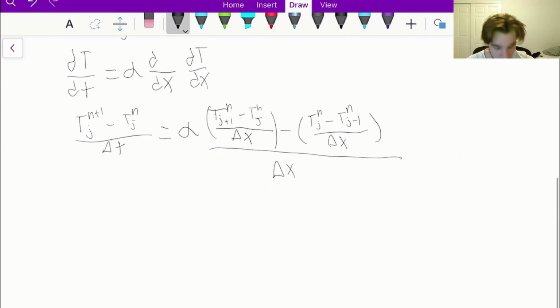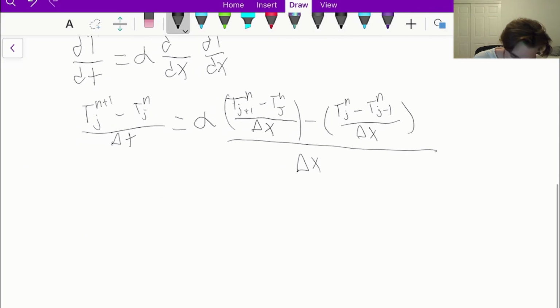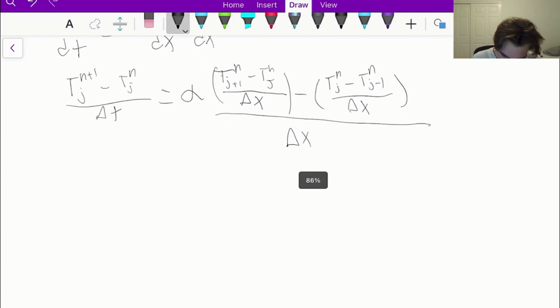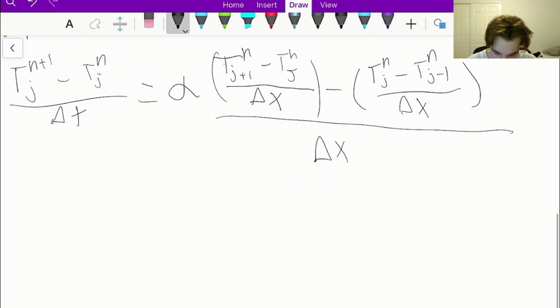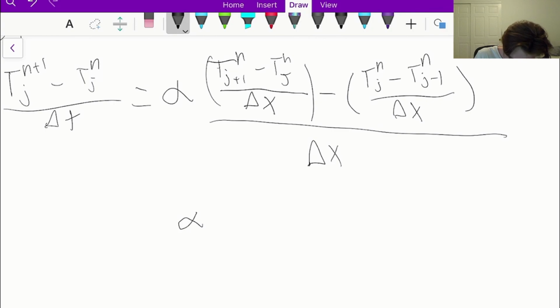So that is the equation, and we're going to have to simplify this equation a little bit, and we want to get T j n plus 1 by itself on the left side. First, let's start by simplifying the right hand side of the equation. So we get the thermal diffusivity, and then the top part is going to simplify since they have a common denominator.